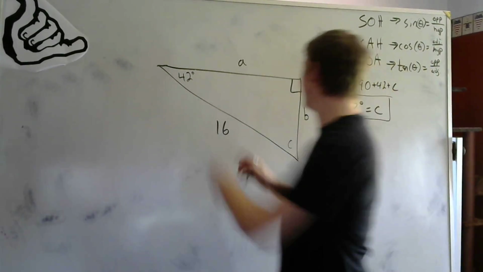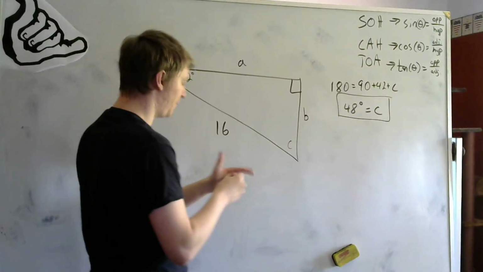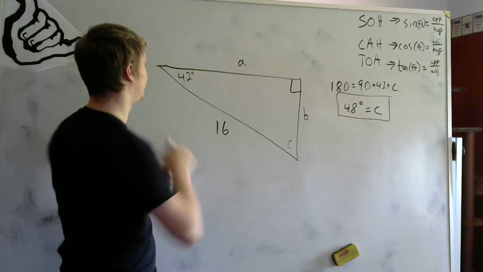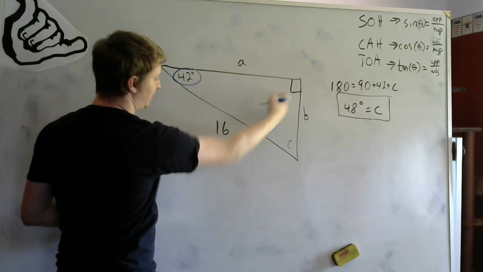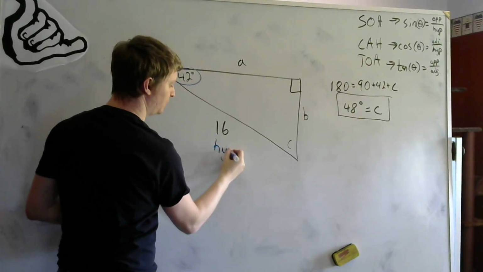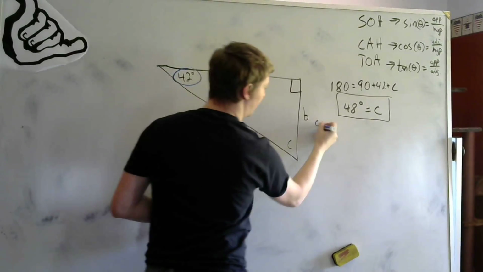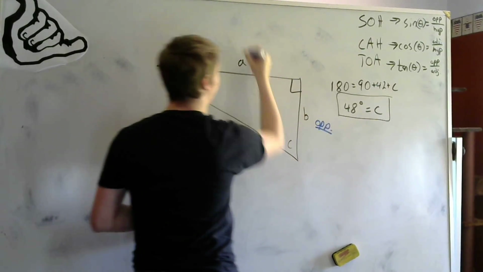Now let's figure out one of these other two sides. I'm going to use the 42 as my reference angle, which means here the 16, this is my hypotenuse, always opposite the 90 degrees. B would be opposite, and A would be adjacent.